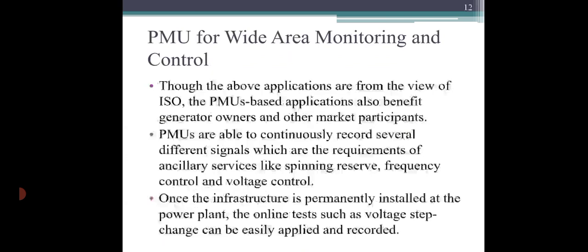PMUs are able to continuously record several different signals which are the requirements of the auxiliary services like spinning reserve, frequency control and voltage control. Once the infrastructure is permanently installed at the power plant, online tests such as a voltage step change can be easily applied and recorded.